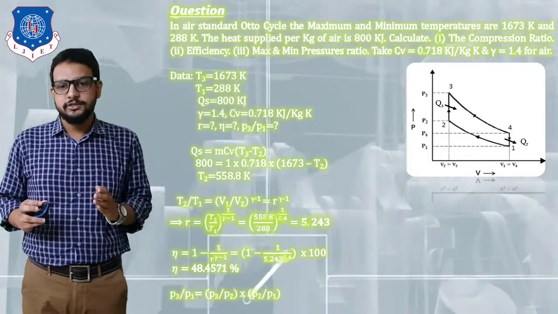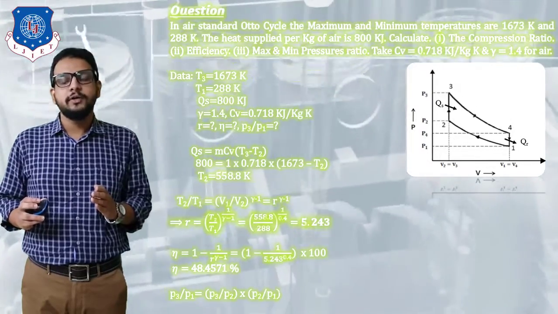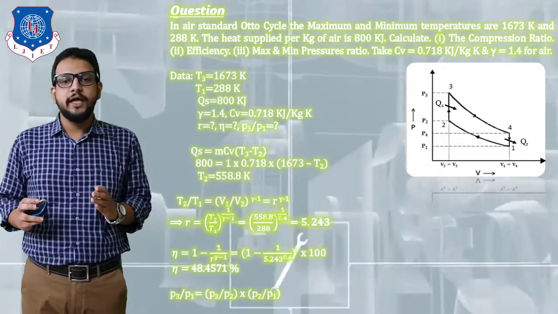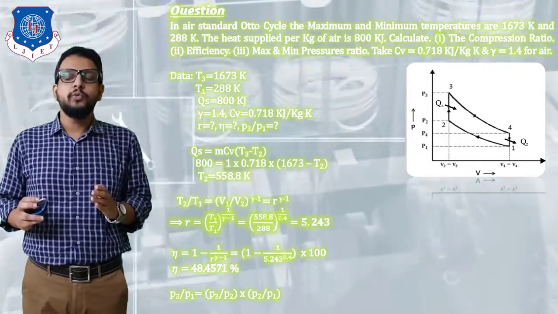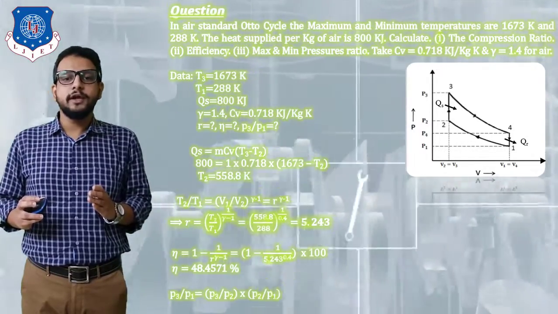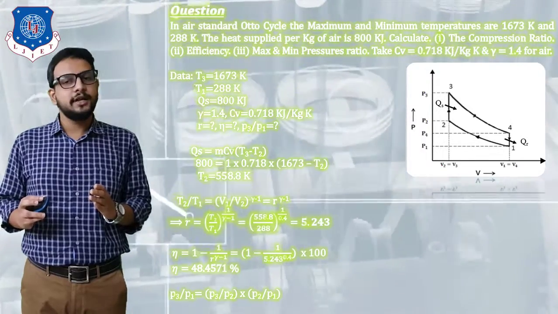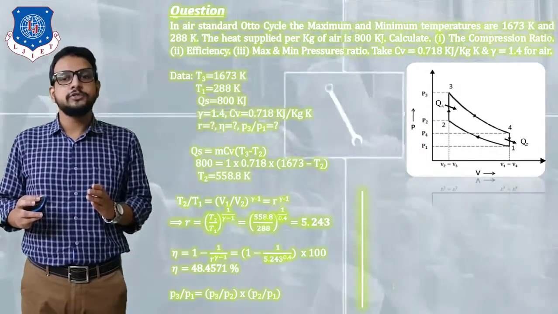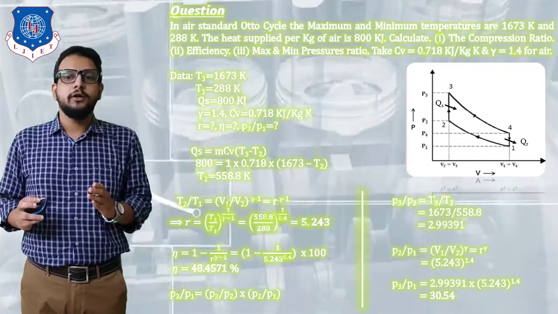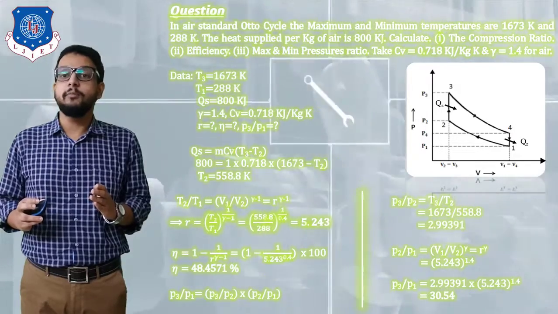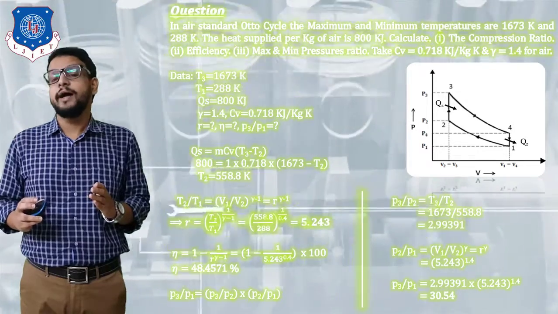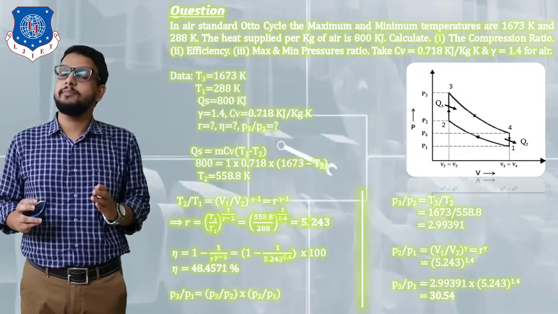So how can we obtain this? What I am going to do in this step is multiply and divide by P2. You can see on your screen, I have written P3 by P2 into P2 by P1. Now we can determine P3 by P2 separately and similarly P2 by P1 separately. So observe process 2 to 3 carefully. In this process, can we apply our combined gas equation, that is P2V2 by T2 is equal to P3V3 by T3?